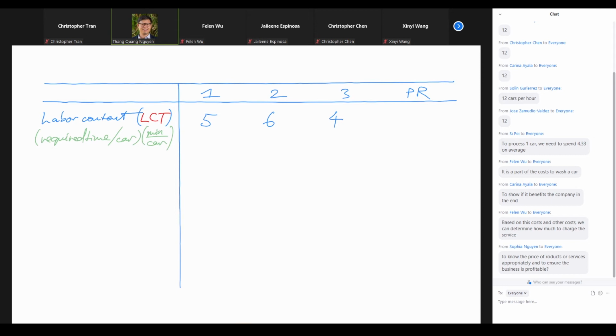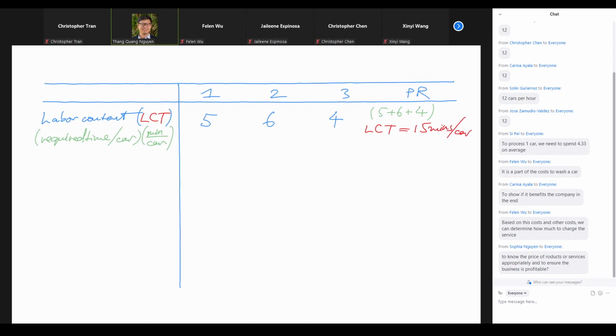And the total has a good meaning. It is a total labor content, right? Or we just call that the labor content. So the labor content is the total. So if we add it up, 5 plus 6 plus 4, then we have the labor content of 15 minutes for each car that we process through, right?